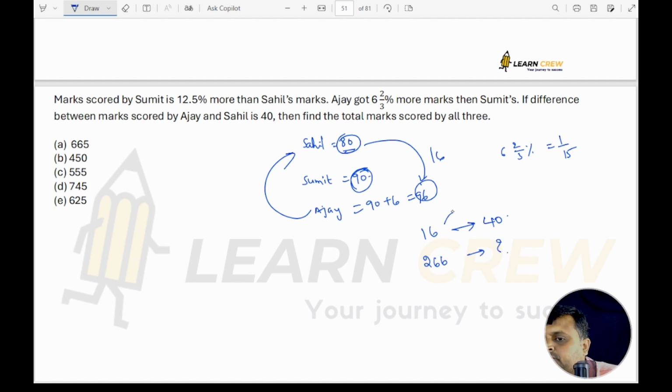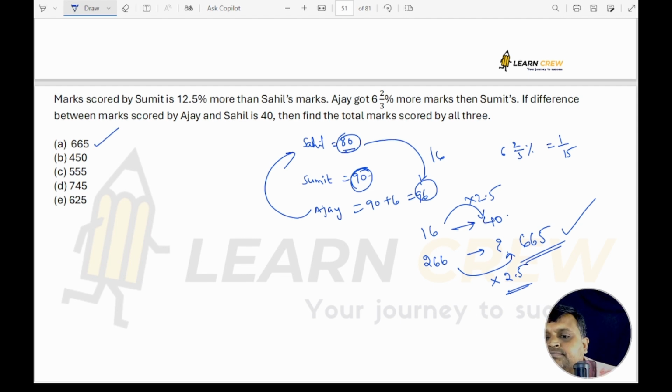This 266 is how much when 16 is 40? What is the relation? It is 2.5. 266 into 2.5: double of 266 is 532, and 532 plus 133 is 665. So the answer is 665.